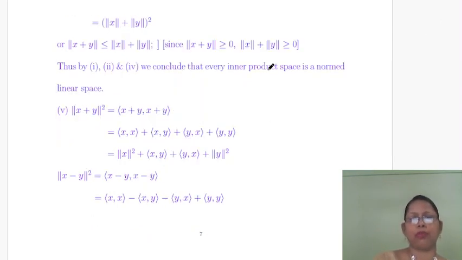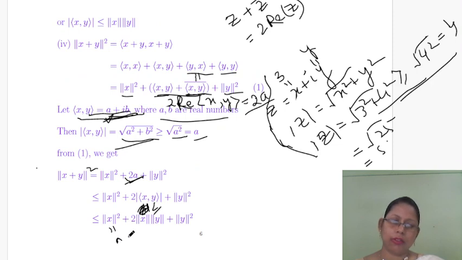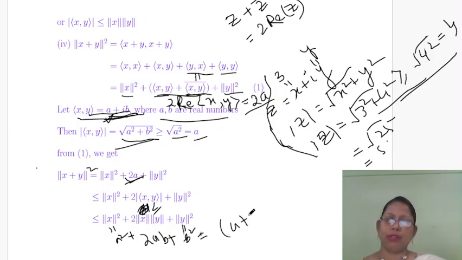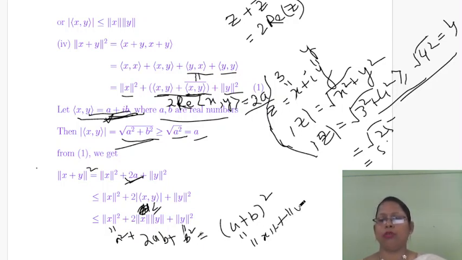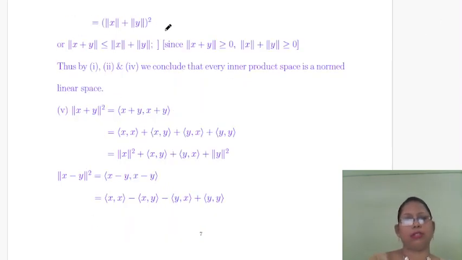Using the a plus b whole square formula, if I take this as a and this as b, this is a square, this is twice ab. So I get norm of x plus norm of y whole square.